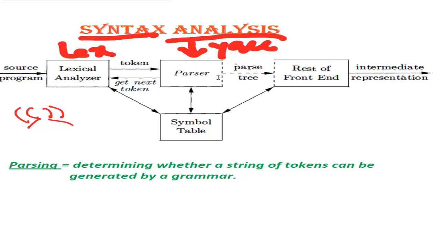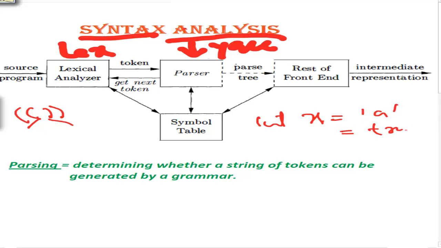For example, whether the variables are of types on which operations are allowed. For example, if we say we've got an int x, an integer variable, and I am putting a character a into it, or I am putting into it a boolean true.